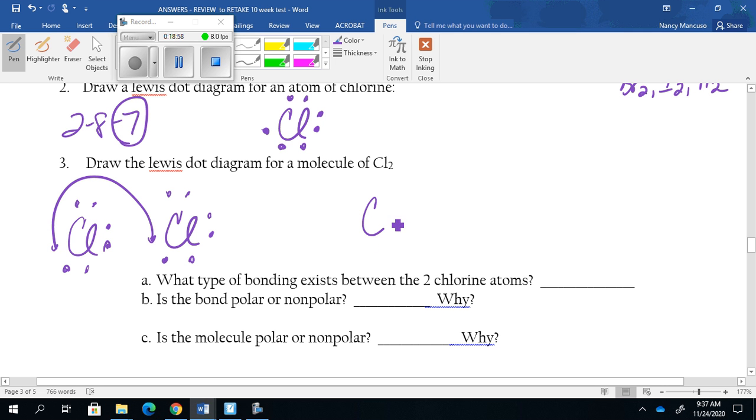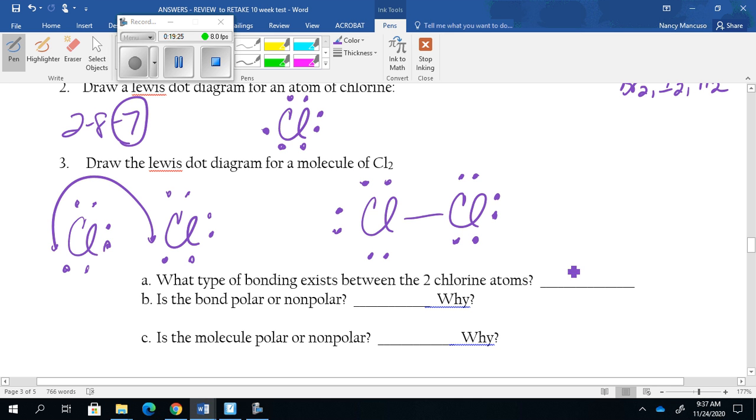So my final answer, 1 bond between a chlorine and a chlorine, and there are 1, 2, 3, 4, 5, 6, 1, 2, 3, 4, 5, 6 unshared electrons on each chlorine. I need to put those back on. So I go around the outside, I put those electrons back on. So by sharing, they are able to both be stable.